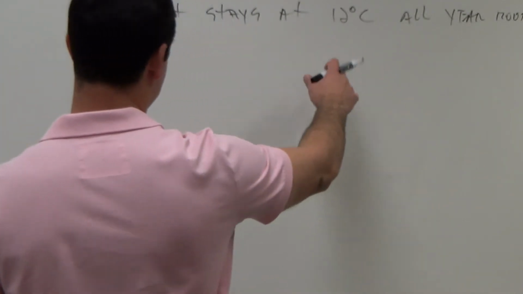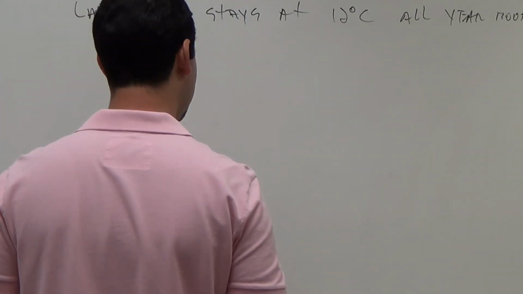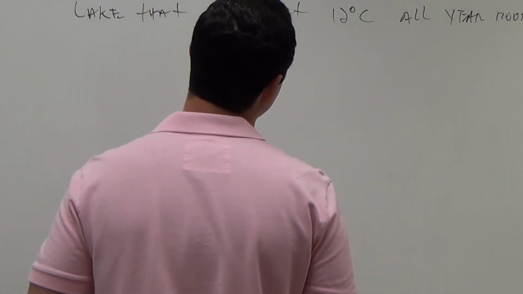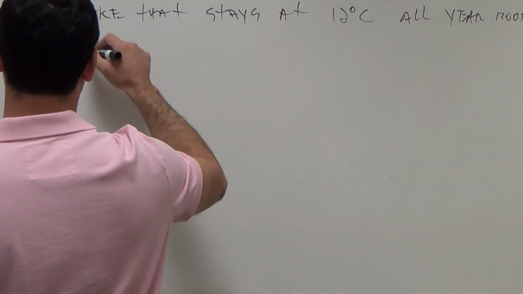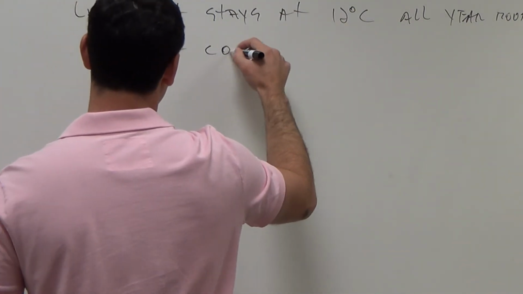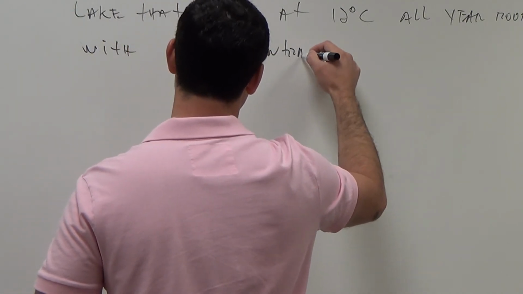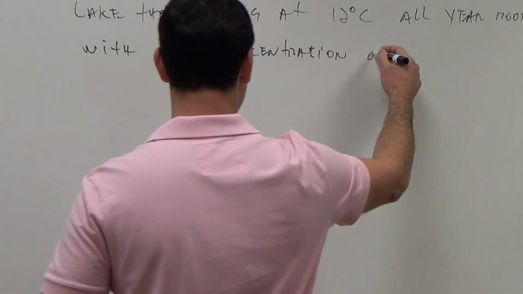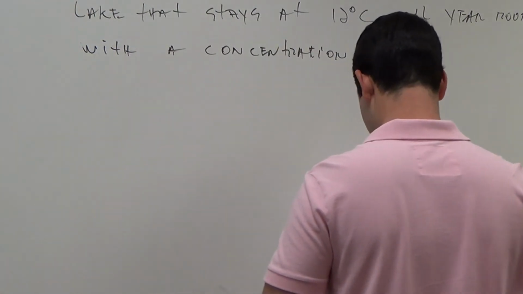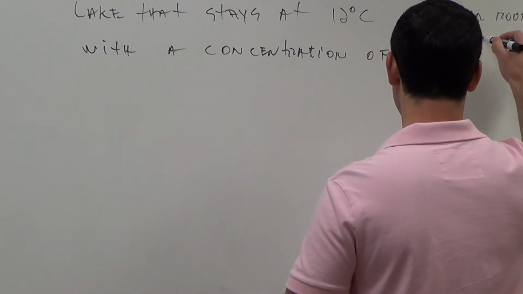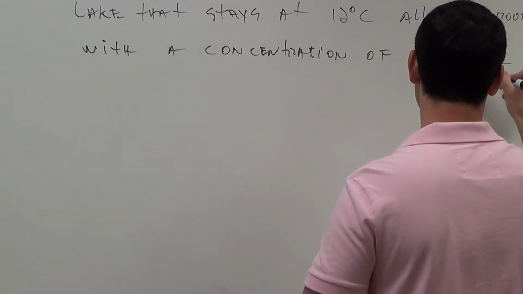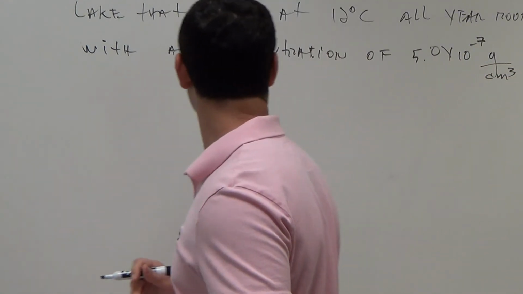It's a lake in Canada, yes? Certainly not here. Here it's more like a river, probably. So all year round, a pollutant was introduced all year round with a concentration of 5.0 times 10 to the minus 7 grams per centimeter cube.